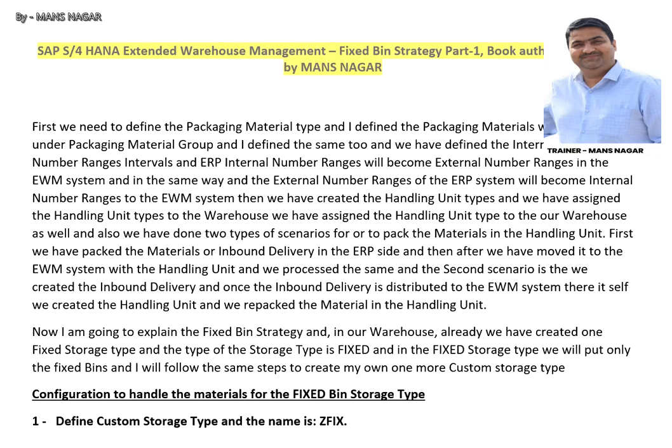The ERP layer's internal will become external in the EWM system, and vice versa. In the same way, the external number ranges of the ERP system will become internal number ranges in the inbound system. From the ERP side it would be external, and in the EWM, those number ranges will become internal number ranges in the system.